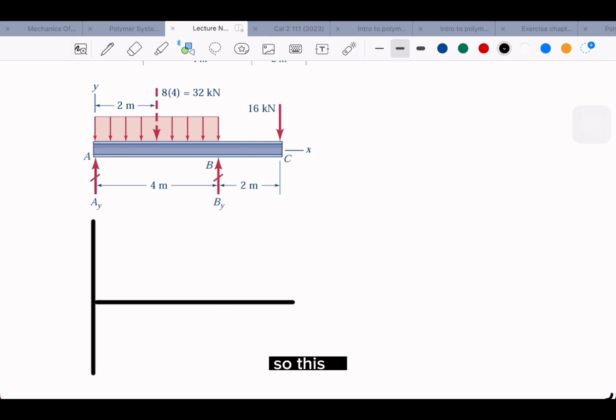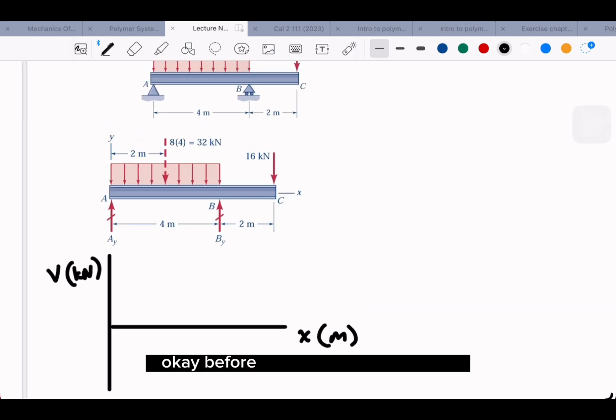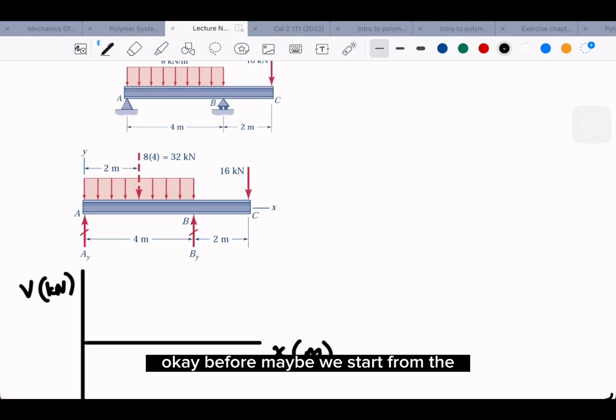Okay, so this is V and X. We are in meters, and kilonewtons.